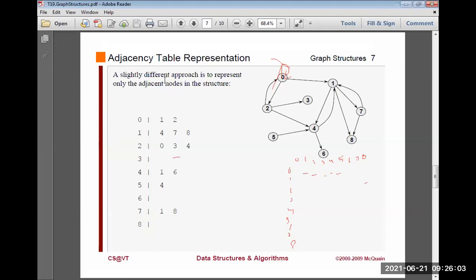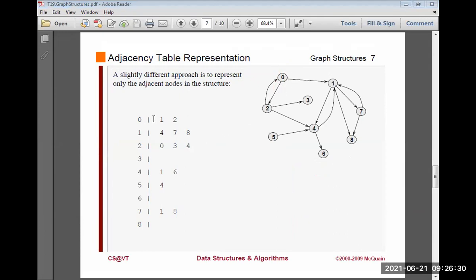Another way is that you can represent it with adjacency nodes also. That is, if one is the matrix, then the other we represent with adjacency nodes. So how will we represent with adjacency nodes? See here, for 0, there is a direct path. What are the vertices directly connected? There is a path to 1 and 2.